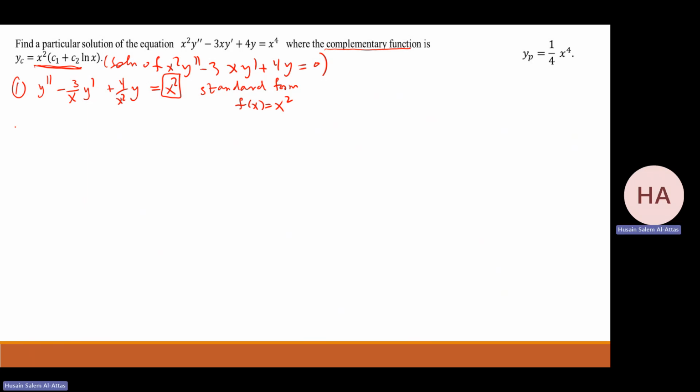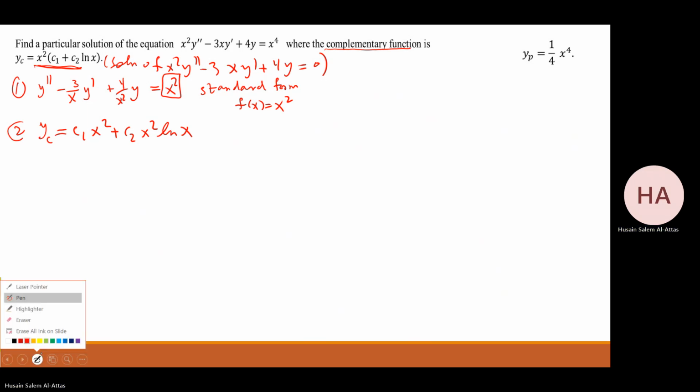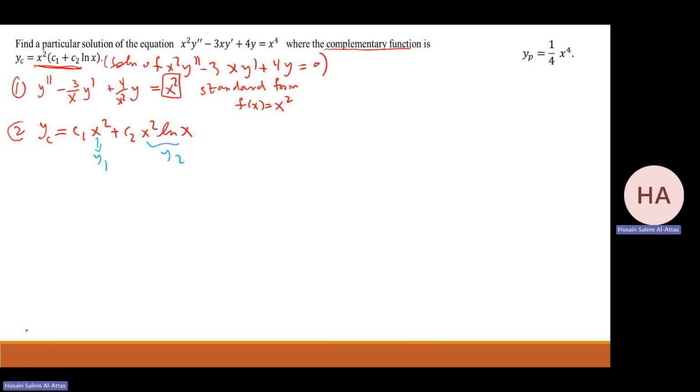Second step, I have yc is c1 x squared plus c2 x squared ln x. So I know y1 and y2. So this will be my y1 and this will be my y2. That's it. This is what I need. Now we'll go to the third step.